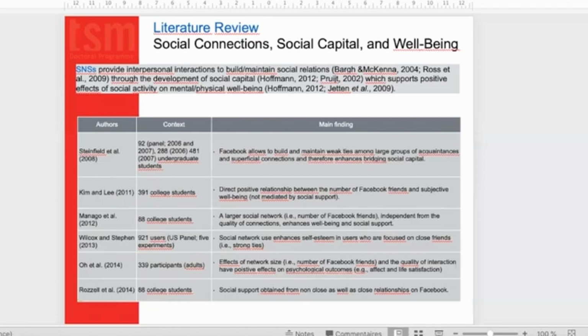Most of them were done with students, so there's a first research gap: it's not a representative sample. And actually the literature concludes that overall social capital is an antecedent of well-being. So the more social capital we have, the more we feel well, the happier we are in our life. That is our theoretical basis for our hypothesis.